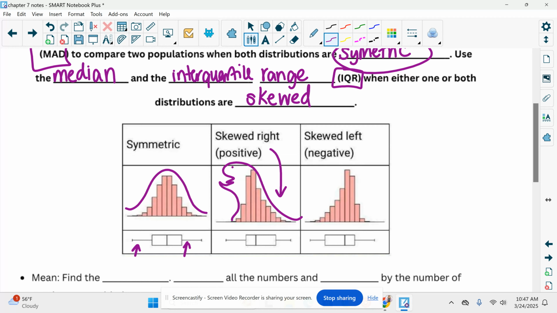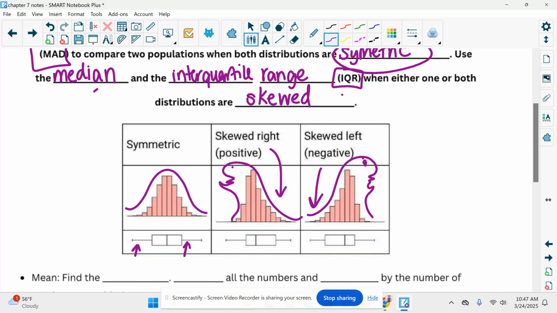But over here, if I make this dinosaur, roar. What side is his tail on? The left. If it is skewed, we use median and IQR. If it's symmetrical, what do we use?